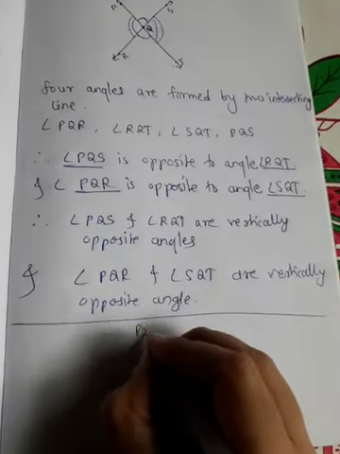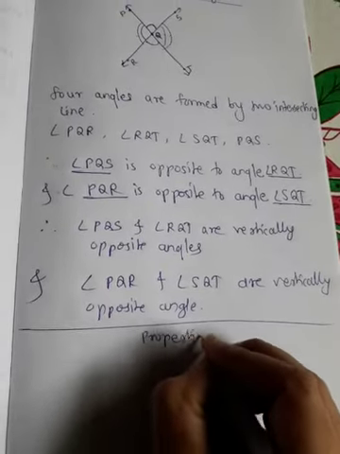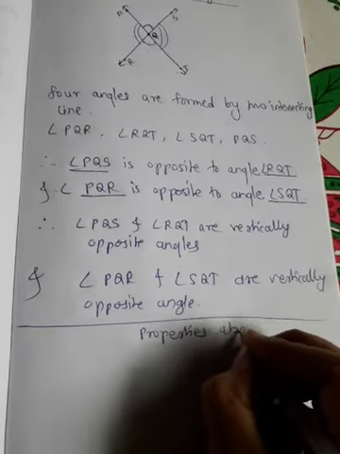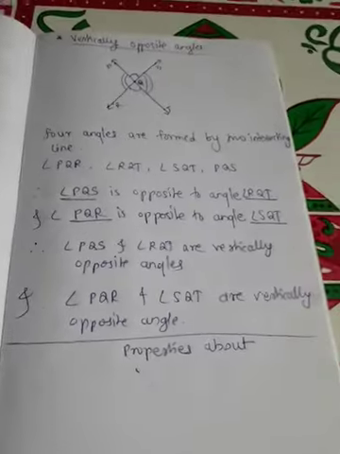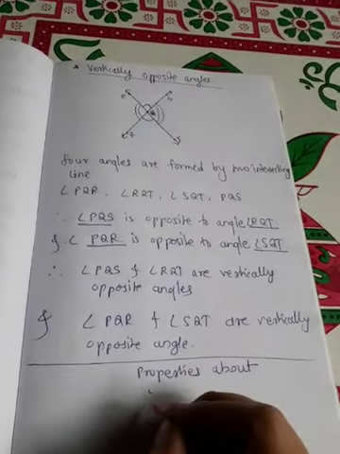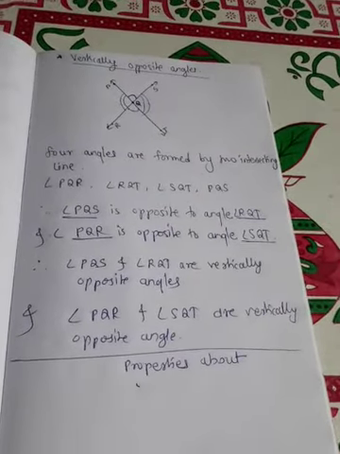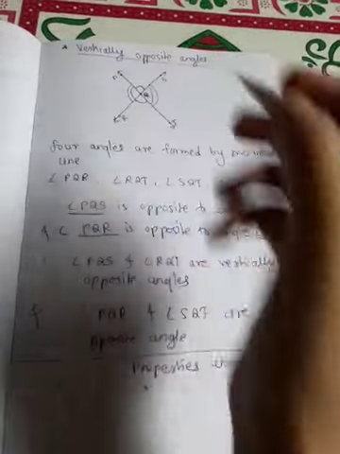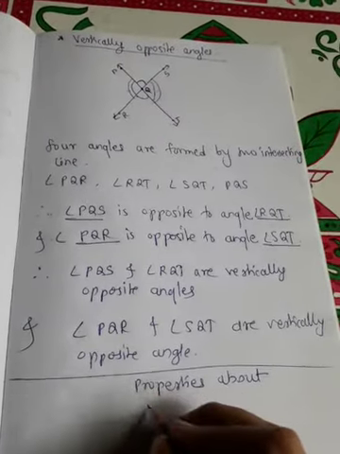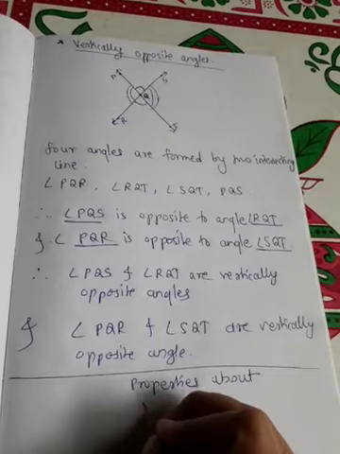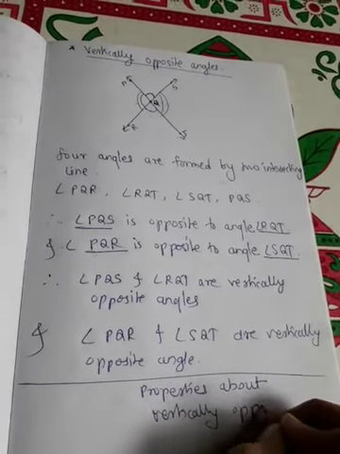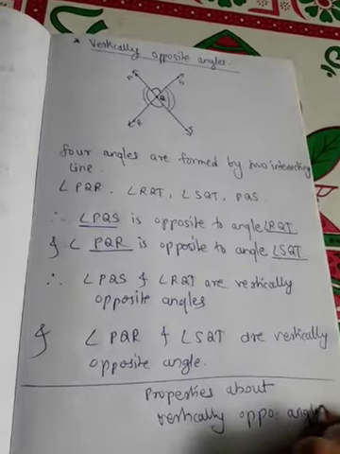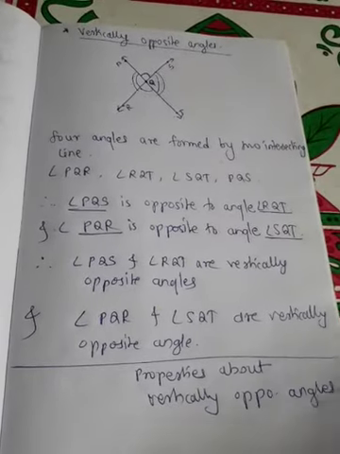Now see the properties of vertically opposite angles, meaning how we can identify that the given angles are vertically opposite, or which properties they follow. Properties of vertically opposite angles. Okay, now I draw this figure again.